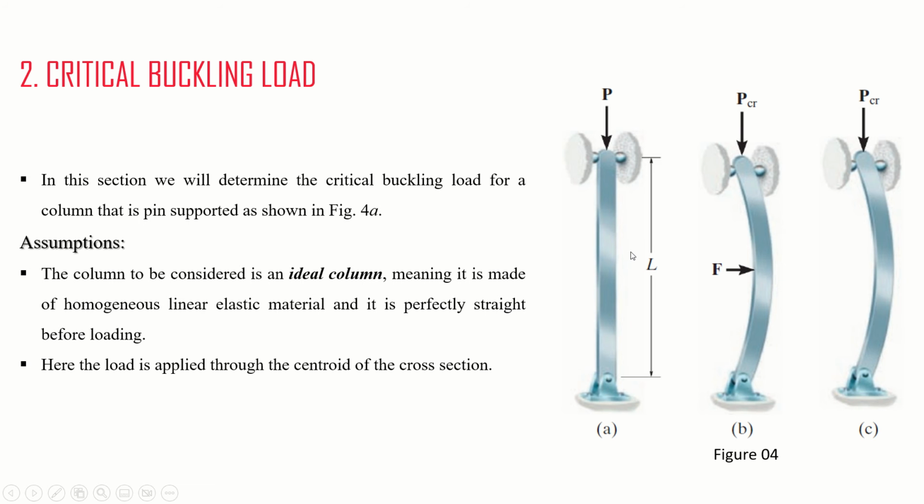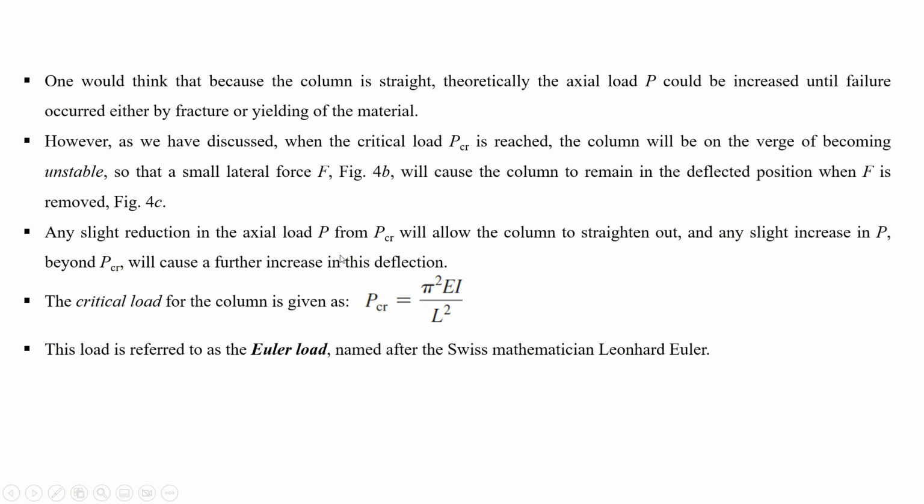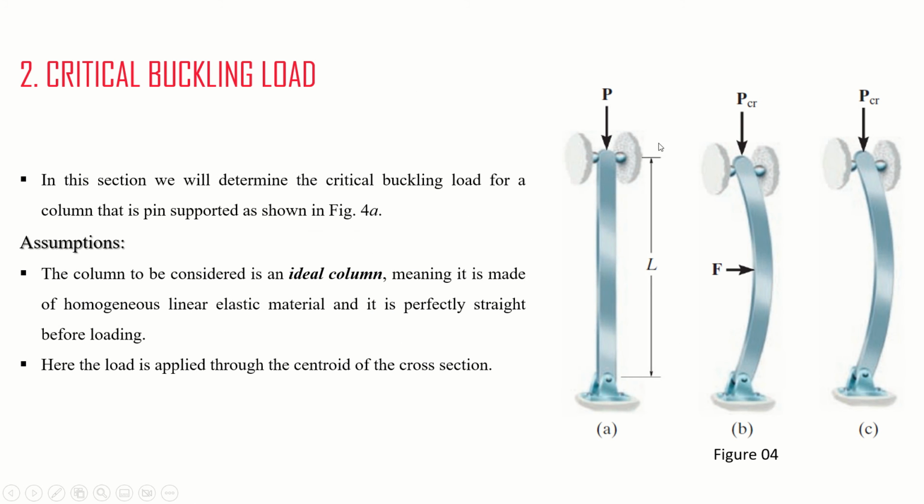Now what happens? You can go through these slides and read it by yourself, and I will explain here. When you apply the load P and keep on increasing it, you reach the P critical point. At this point, if you apply a very small lateral force F at the middle of the column, it causes buckling.